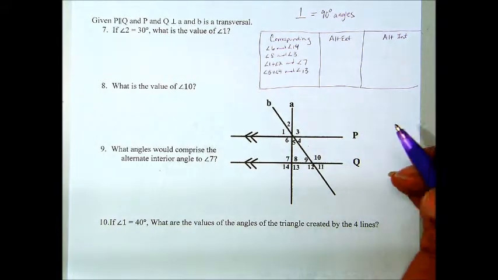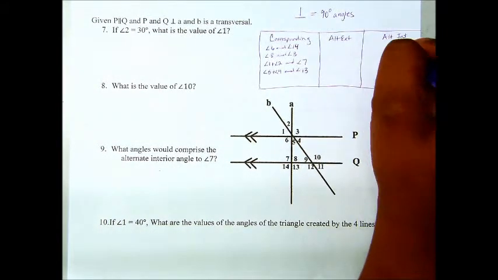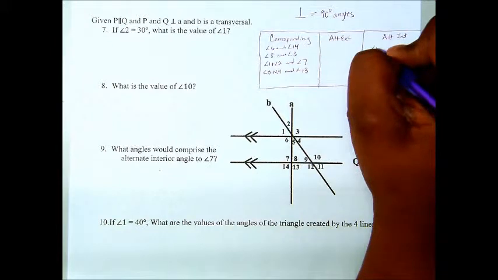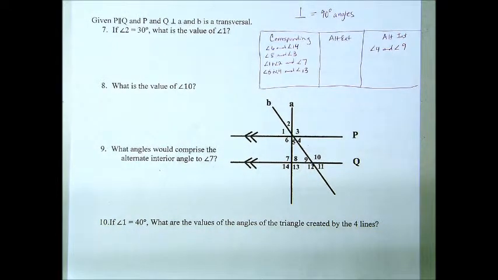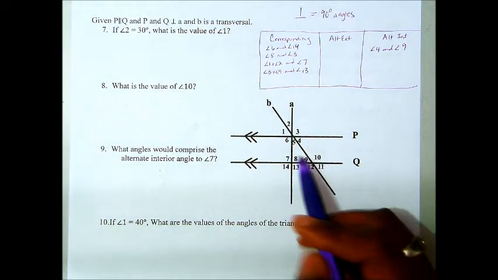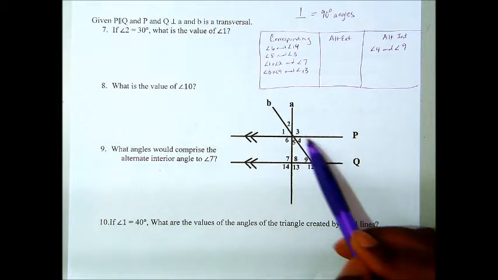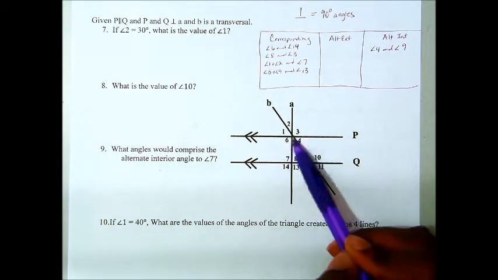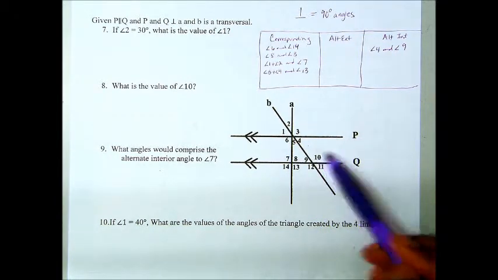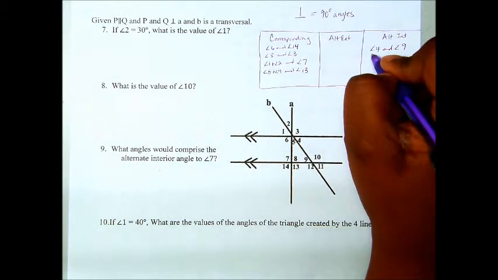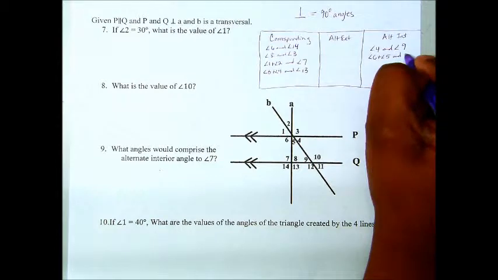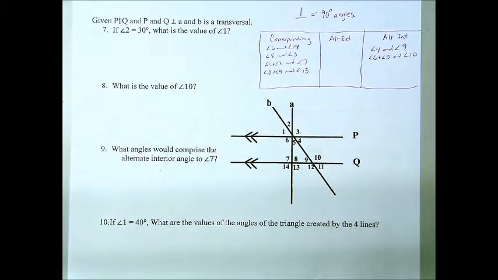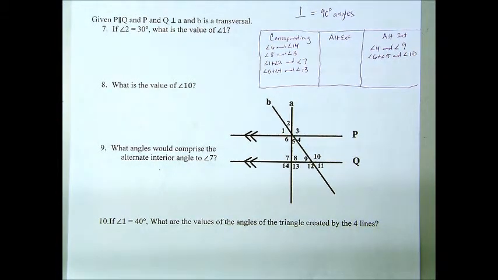So alternate interior, angle 4 and angle 9. I see alternate interior here. 6 and 5 are going to be equal to 10. So angle 6 plus angle 5 is going to be equal to angle 10. Those are going to go together.